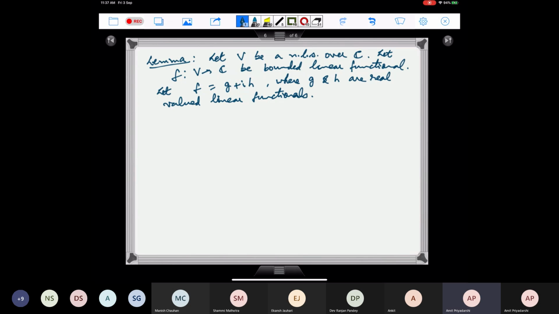So basically, we are just defining g of x to be the real part of f of x, and h of x is the imaginary part.